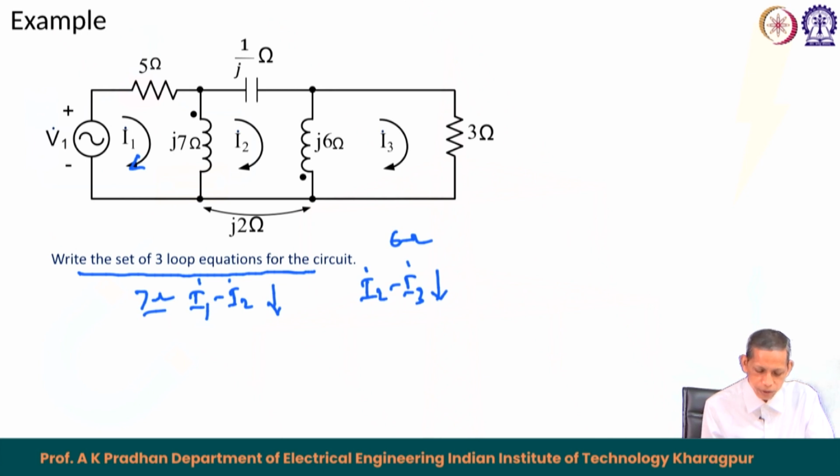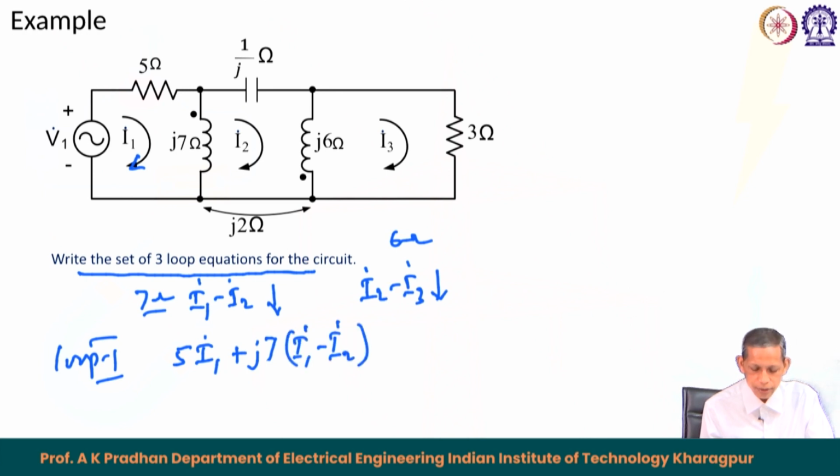With that consideration of the currents in the two branches of these reactors, we need to write the coupled equation. For loop 1, in the 5 ohm resistance the drop will be 5 I 1. Then the 7 ohm self part will be J 7 times I 1 minus I 2, the downward current, and then the mutual part. I 1 minus I 2 is entering the dotted terminal, and I 2 minus I 3 is leaving the dotted terminal.